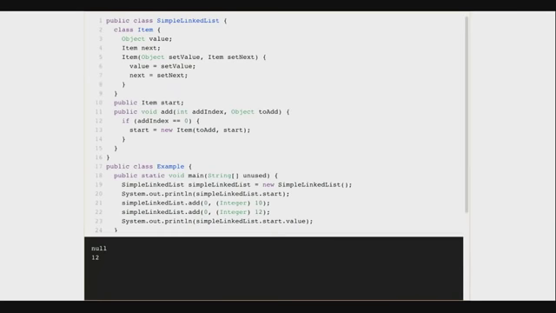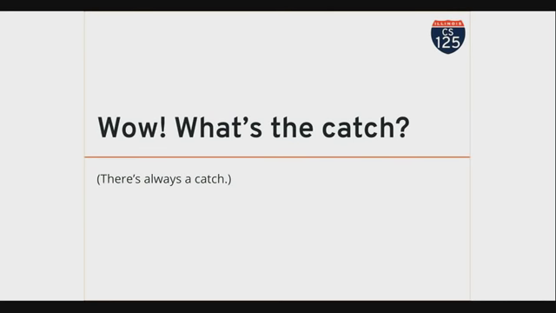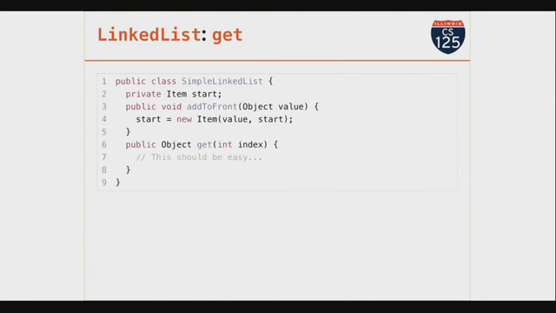Pretty cool. However, obviously, there's a catch, right? So again, this is all about trade-offs. What I've gained here is the ability to do really fast additions to the front of the list. And if I'm clever, I can do them to the back too. But what about get? Remember, there are two operations.